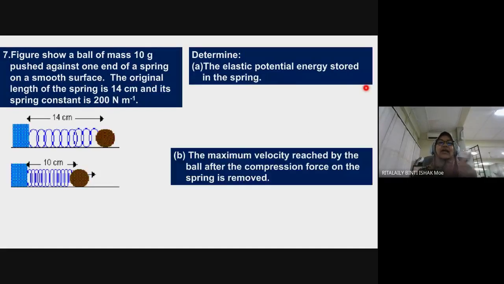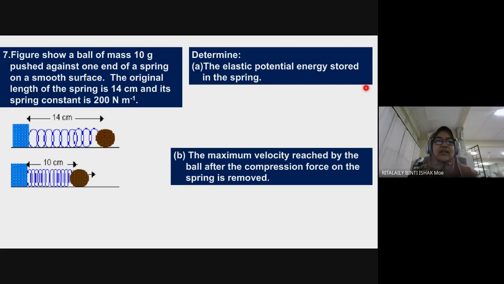Okay, let's look at number 7. Okay, number 7. Previous example or previous question is extension. For spring, we can either extend or we can compress. So when we compress, the spring will become shorter. Okay. Figure show a ball of mass 10 gram pushed against one end of a spring on a smooth surface.